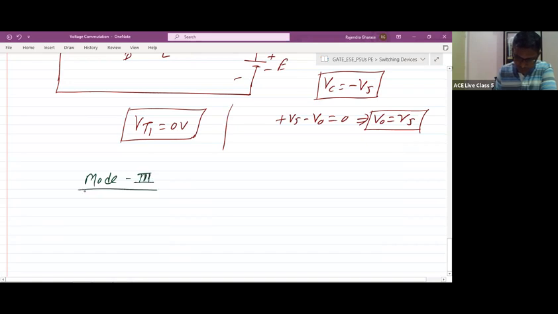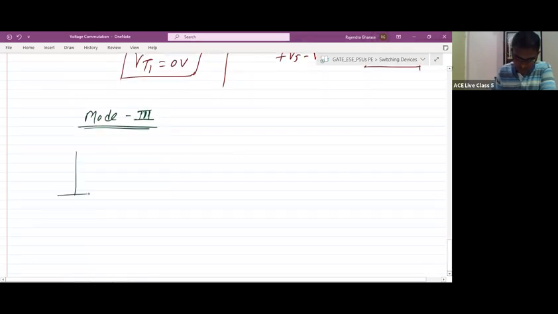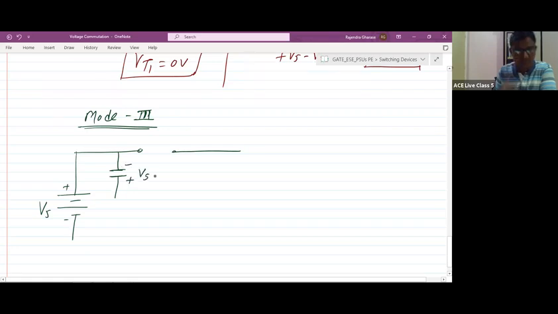First of all, the auxiliary thyristor turns on. When the auxiliary thyristor turns on, immediately thyristor T1 turns off. So T1 will turn off. The capacitor was like, here it is minus, here it is plus, and this voltage was Vs, the capacitor voltage Vc.